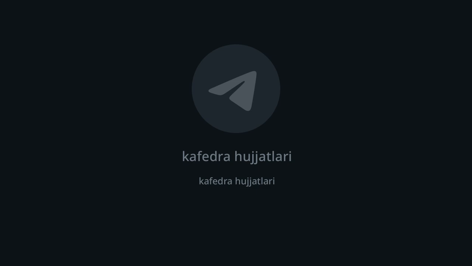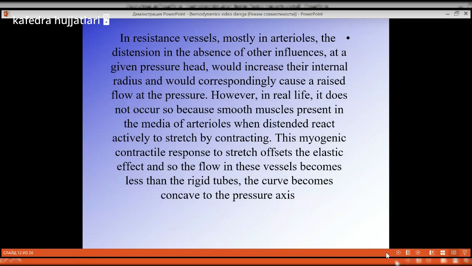In resistance vessels, mostly in arterioles, distension, in the absence of other influences at a given pressure, would increase their internal radius and would correspondingly cause a raised flow at that pressure.